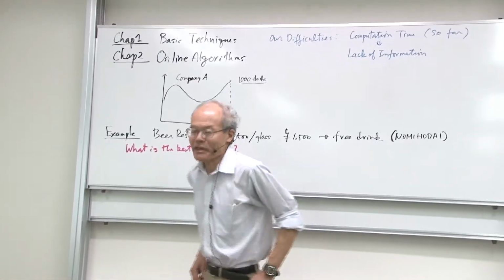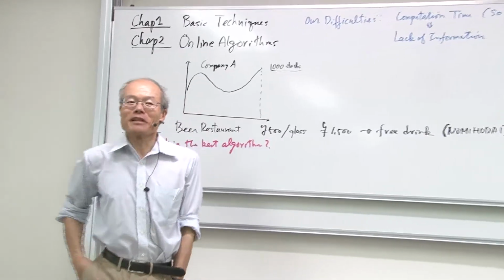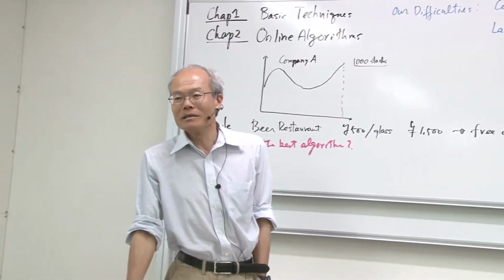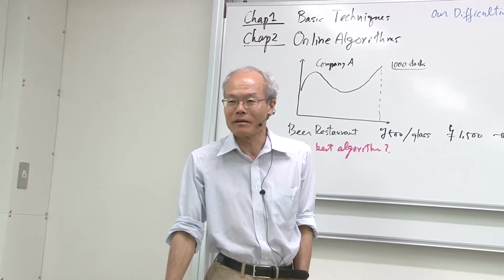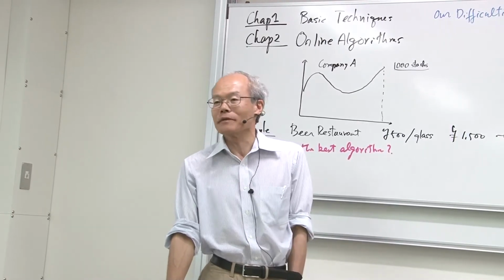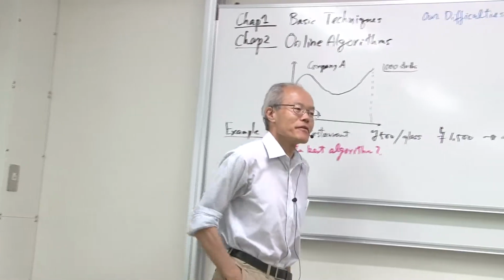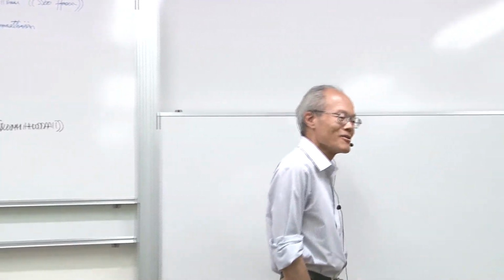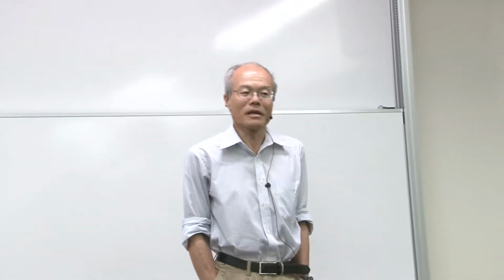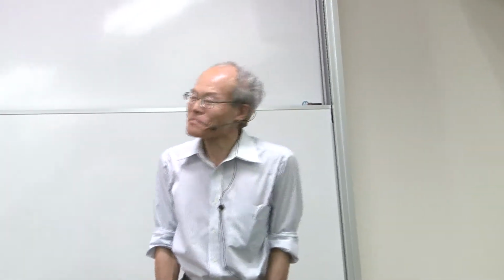You might think this is trivial. If you want more than 3 glasses, of course, nomihodai is better. If you think 1 glass or 2 glasses are enough for you, then of course ordering per glass is better. So it seems trivial. Actually, it's not very trivial.